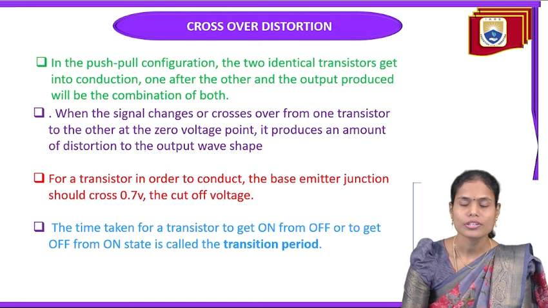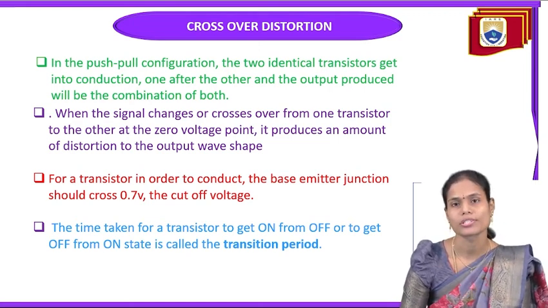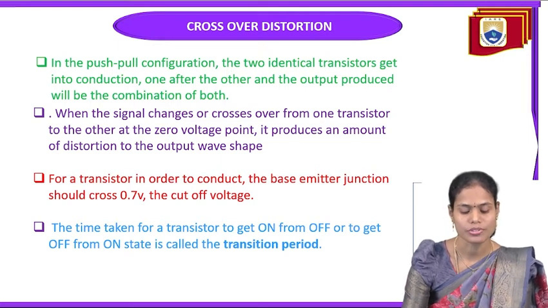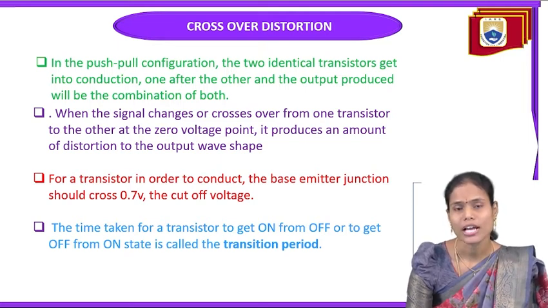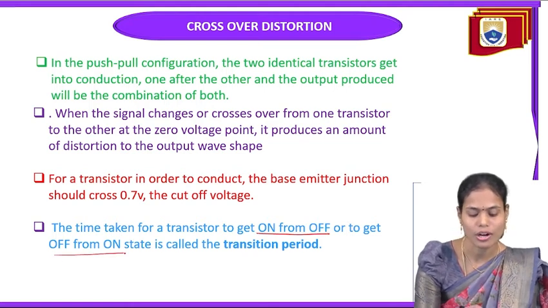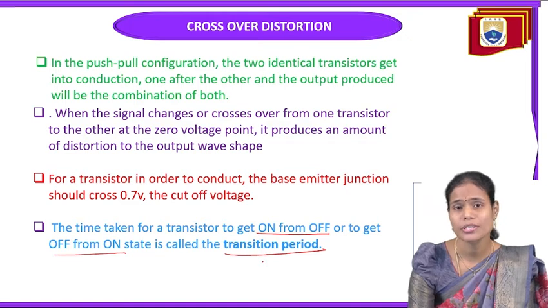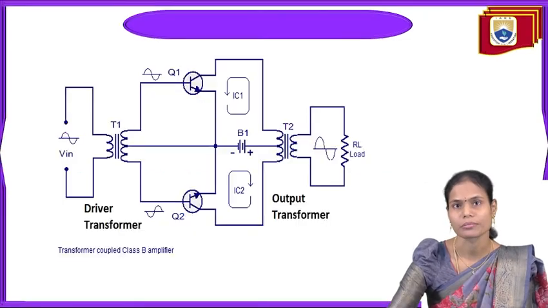For a transistor to get into conduction, we have to provide a base to emitter voltage of 0.7 volts. The time taken for the transistor to change from on to off state and from off to on state is called the transition period. Because of this transition period in the class B amplifier, we get this crossover distortion.